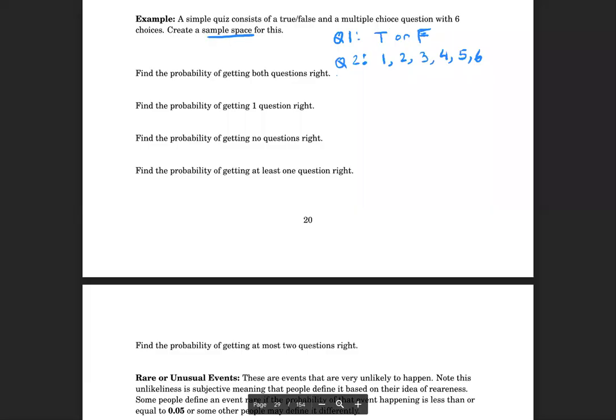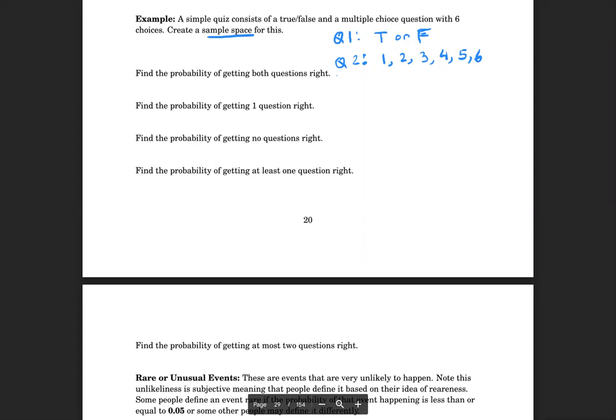Okay, folks, let's go ahead and get going with this problem. So what do you think? What did you do? Anybody wants to help me out? You make two columns, and one of them is for true and false, and then the other one has the question 2 answers.